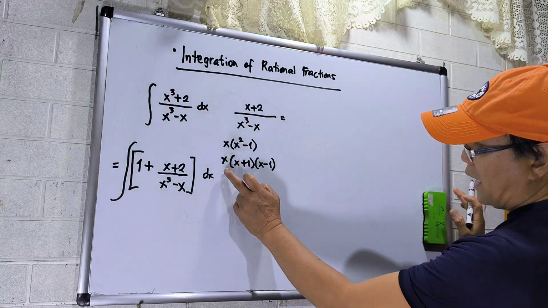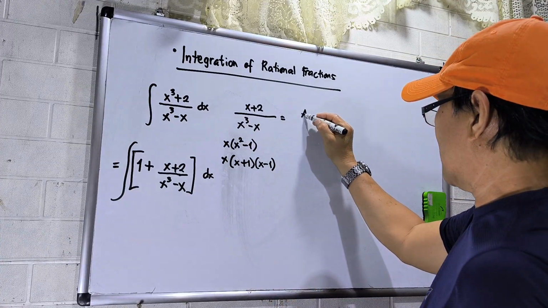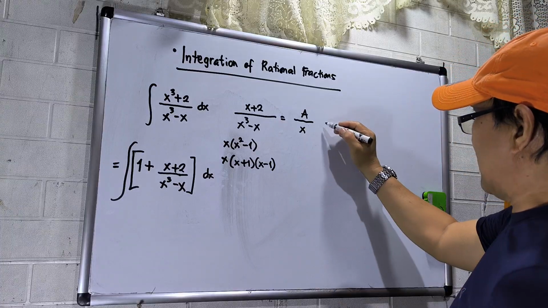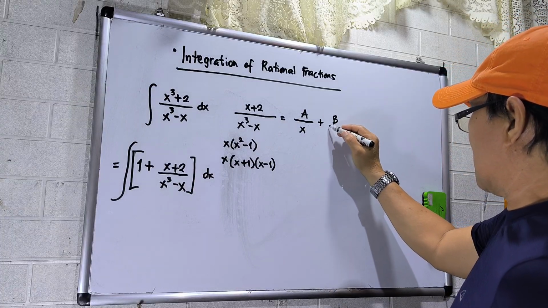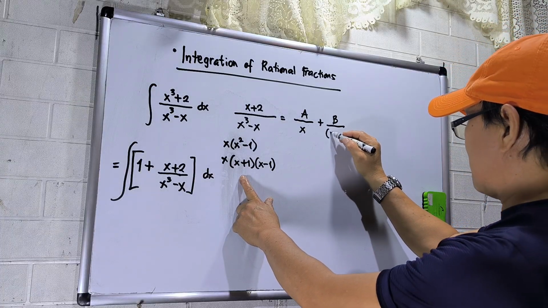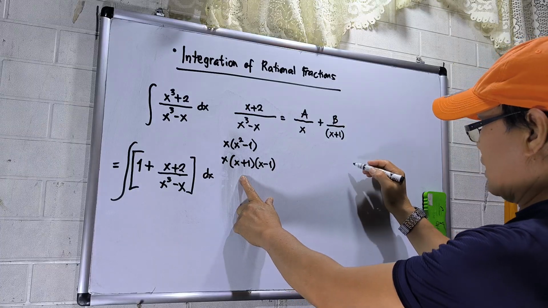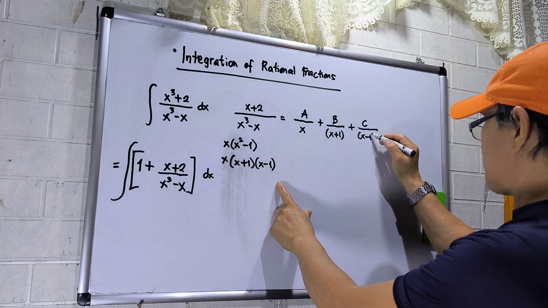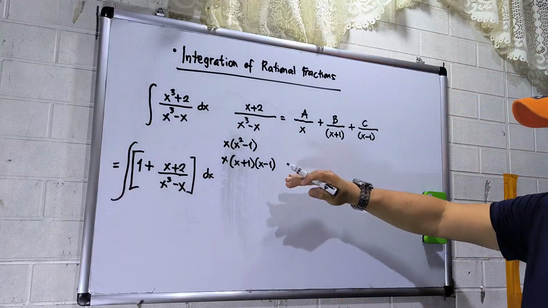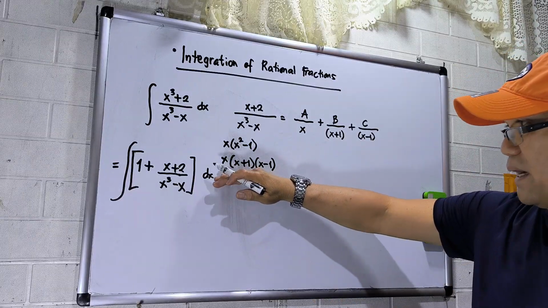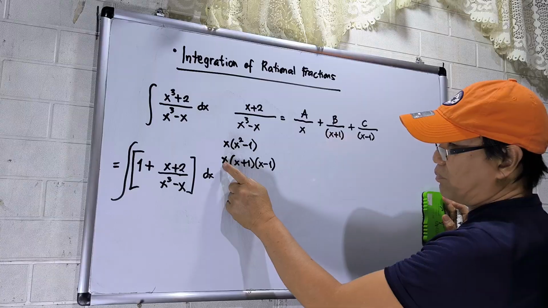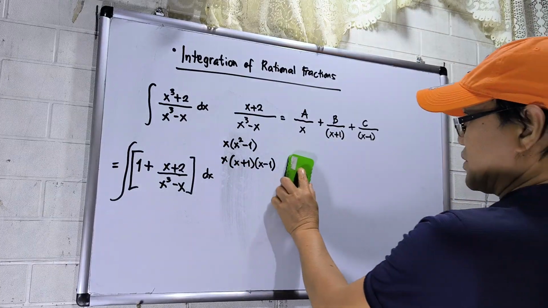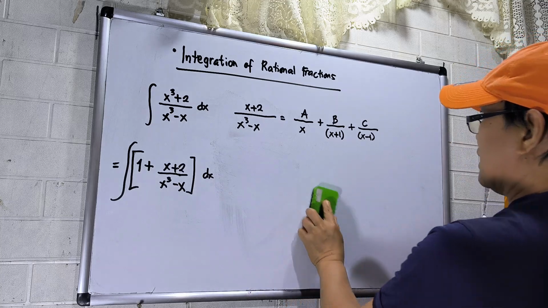Therefore, we have A over x, plus B over x plus 1, plus C over x minus 1. That's why I told you before that it depends on the denominator. So I have A, B, and C, the factors of the denominator.